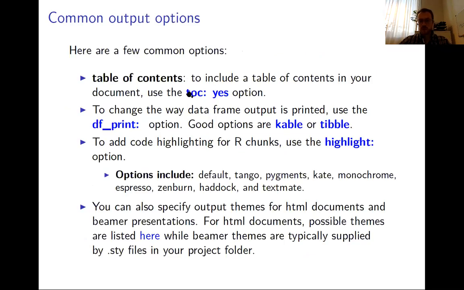If you want to have a table of contents, you type TOC yes. Alternative options for how to print tables or data frames are kable or tibble. The highlight option, as I said, allows you to specify how the code chunks should be highlighted.